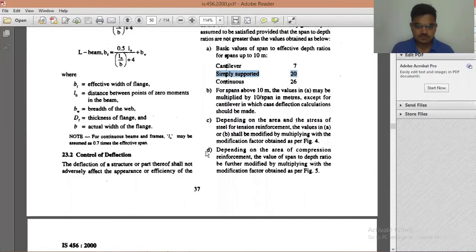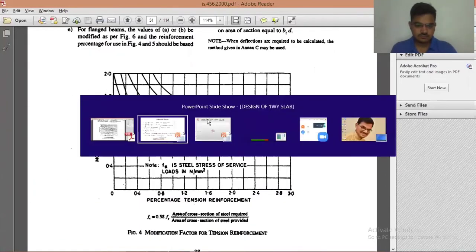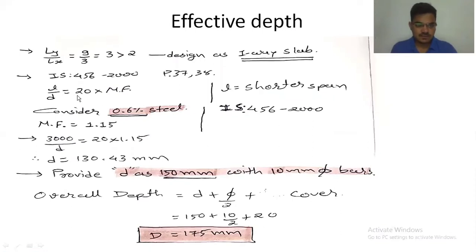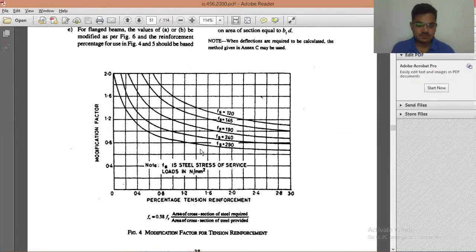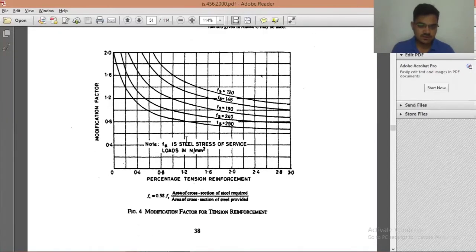So L by D is 20 into the modification factor. Here in L, I am considering the shorter span equal to 3 meter, and for determination of the modification factor, it is taken from figure number 4, modification factor for tension reinforcement. Here we have to calculate Fs.